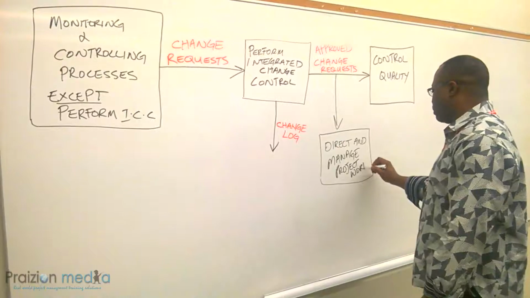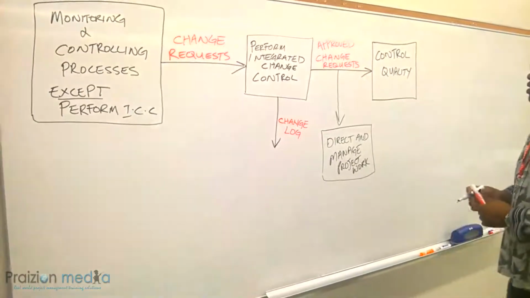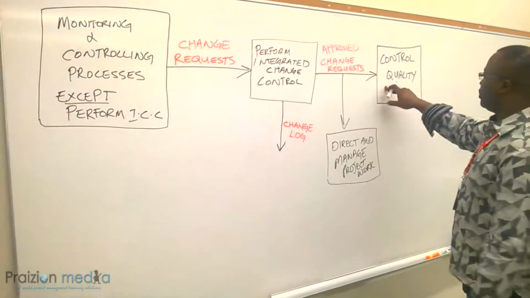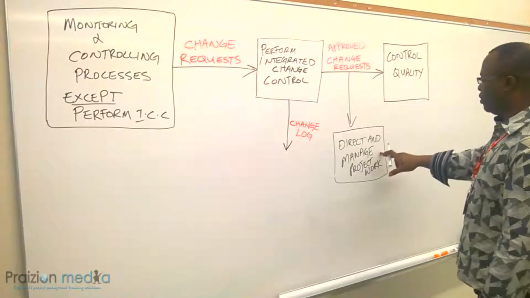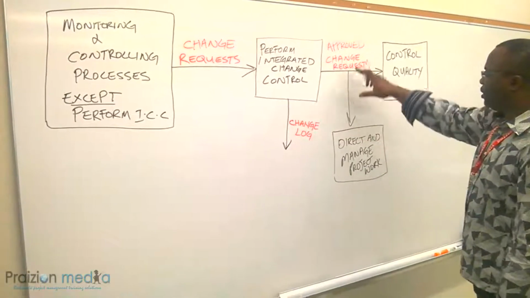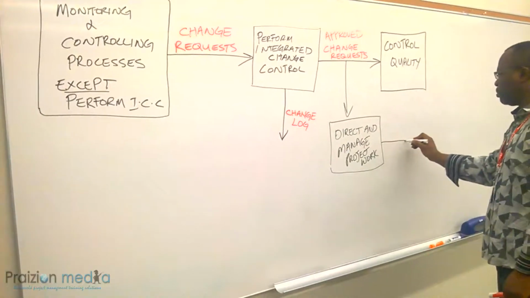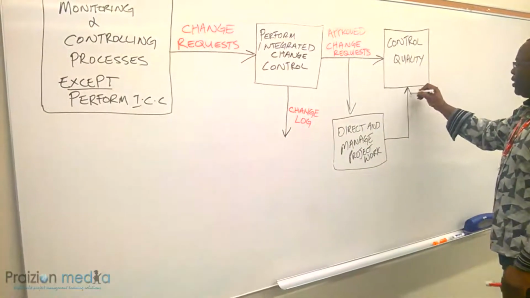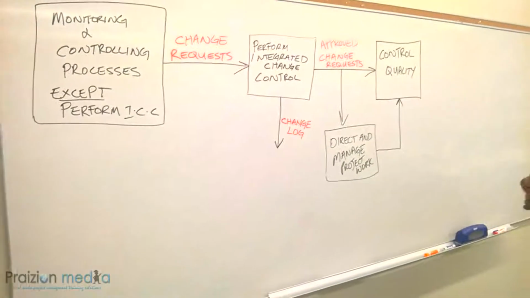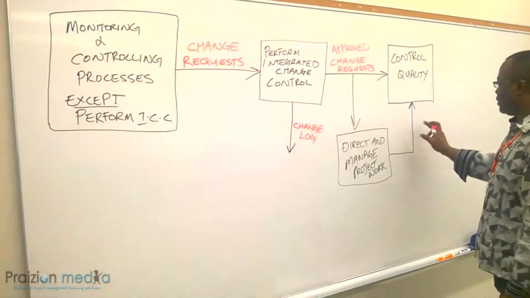Okay. So these approved change requests, they could either go into control quality or they could go here. Now, they typically would go here first because we're trying to come out with something that goes in here, which is called a deliverable. So really, this is your deliverable.